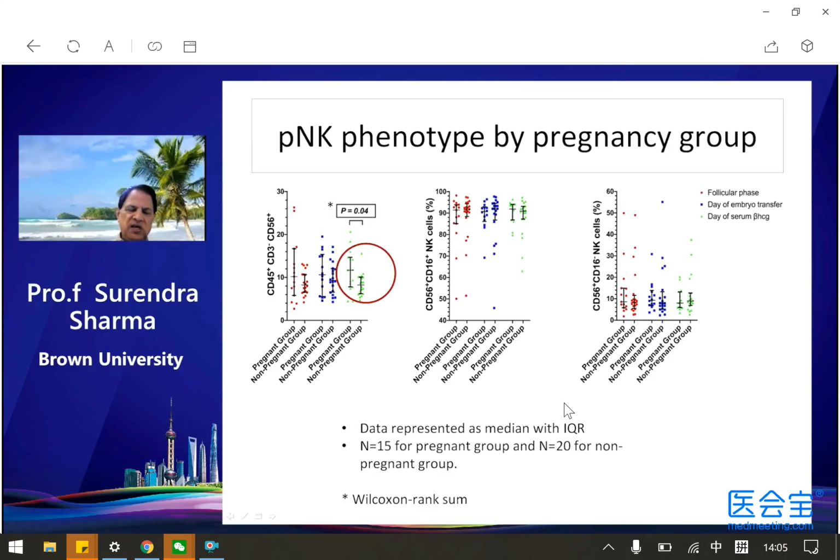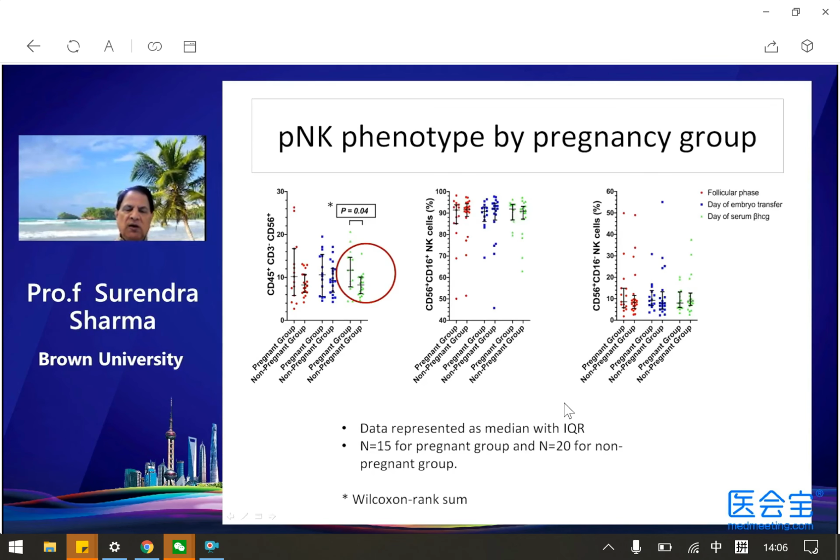We compared women who became pregnant and women who remained non-pregnant. Both groups had similar NK cell populations. There was no difference during the follicular phase, and these numbers did not change at the time of embryo transfer, which is after progesterone treatment.